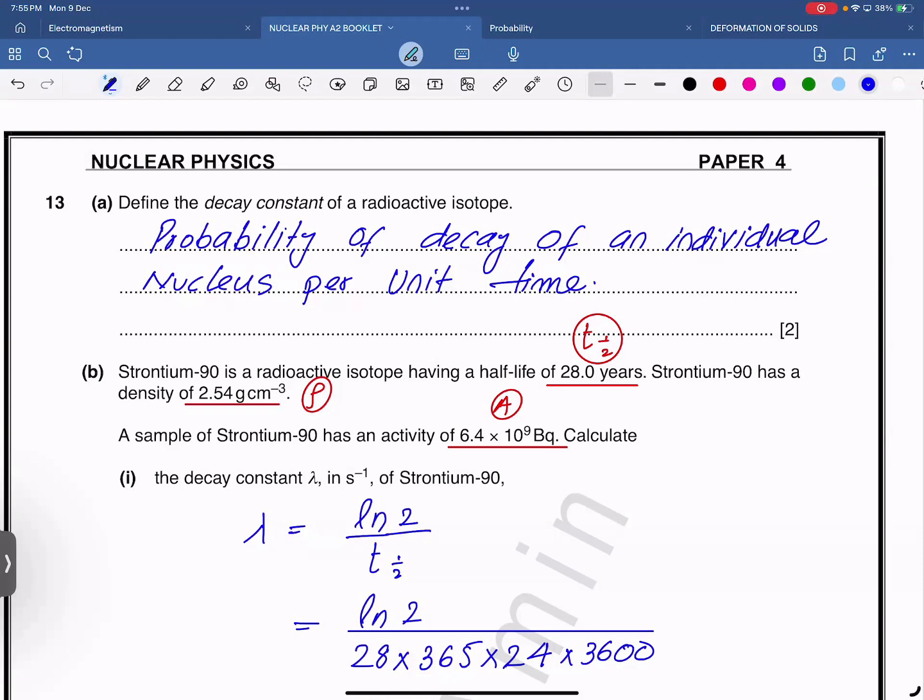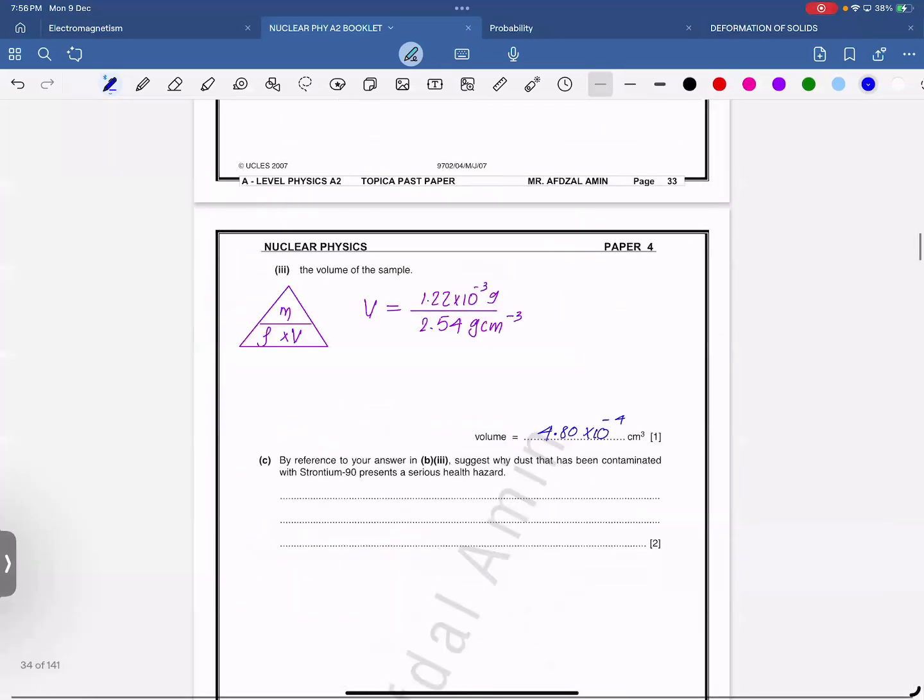Is it safe? Dust is contaminated with the sample of strontium. So why is it very dangerous?